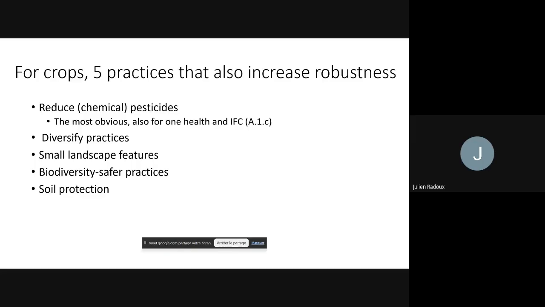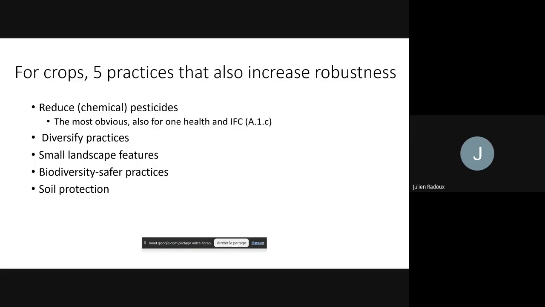In many cases, not all the time, but in some cases, the fact that you use biodiversity-friendly practices can also increase your production, especially when you rely on pollinators. So it's very important to keep that in mind in terms of communication and engagement, I think.